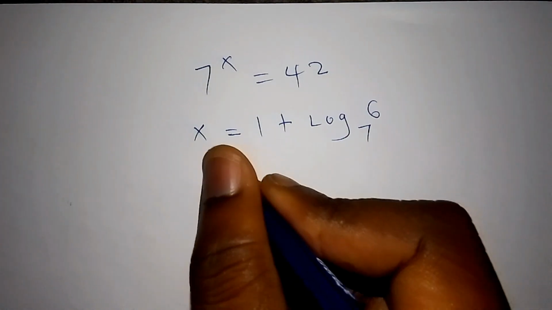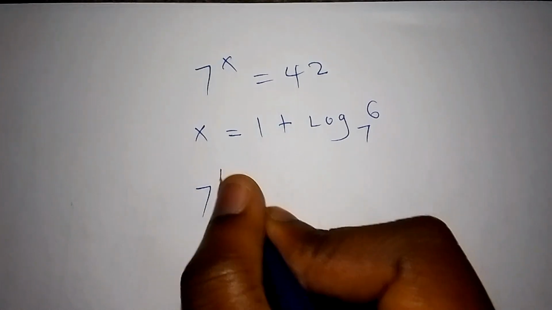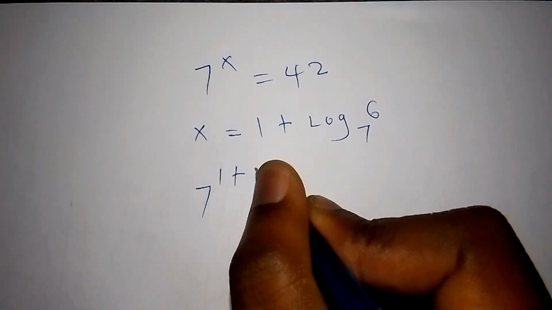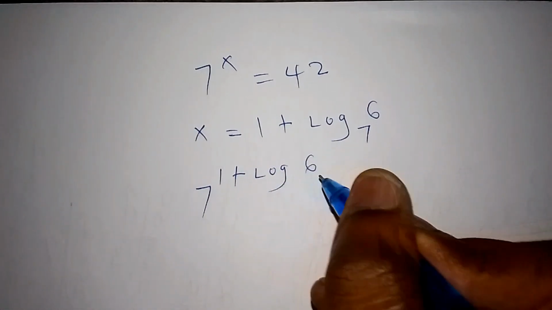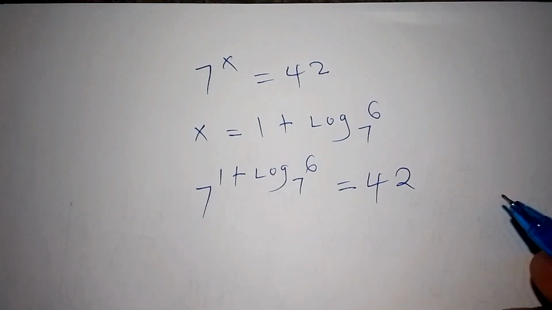Where there is x we put that, so we have 7 to the power of 1 plus the log of 6 to base 7, which should give us 42.